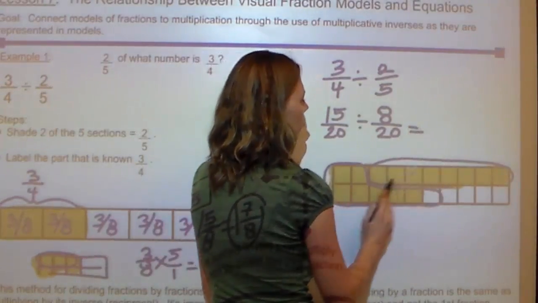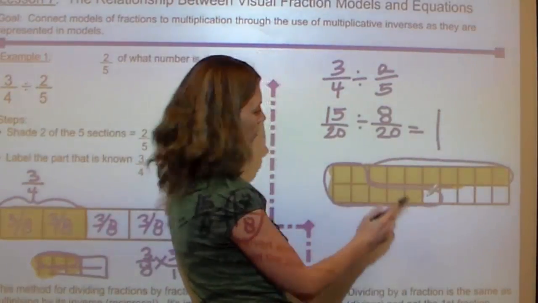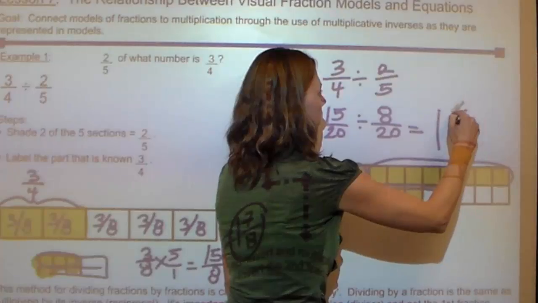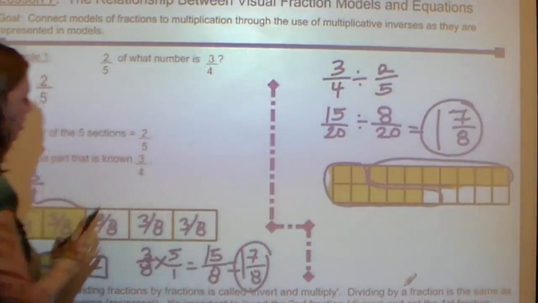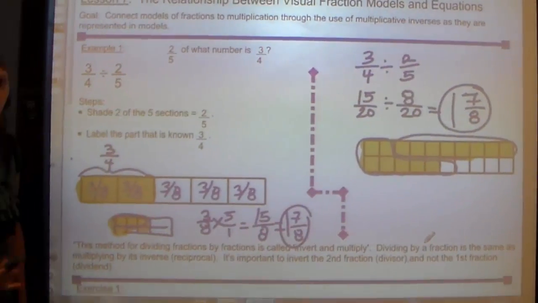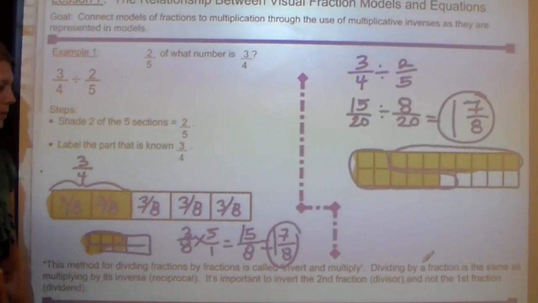So the answer would be 1 whole, and there are 7 out of 8 shaded. 1 7/8. Both of those models show the answer. It's really up to you which model you prefer to use.